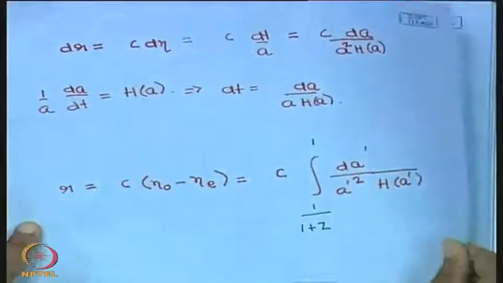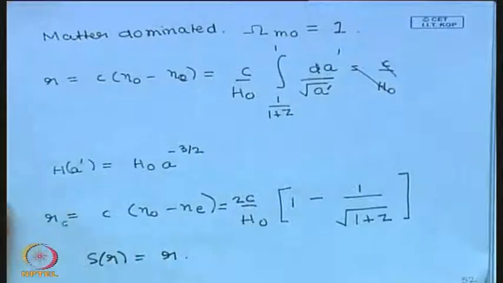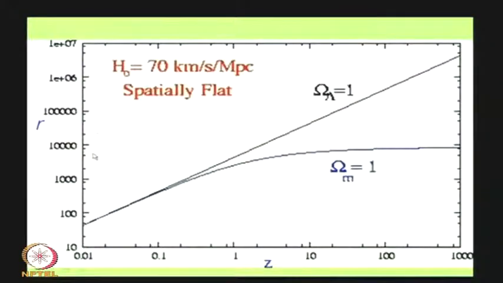In this picture the units are megaparsec. I have chosen Hubble parameter H0 as 70, and the models are both spatially flat. I have also shown the comoving distance r for another cosmological model which has only cosmological constant and no matter. You see the difference.